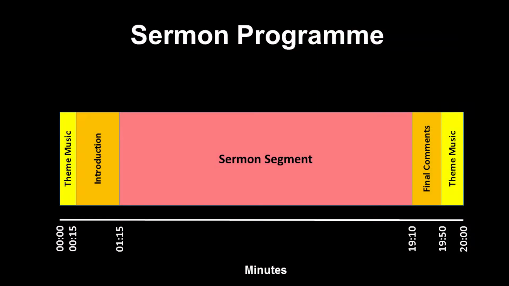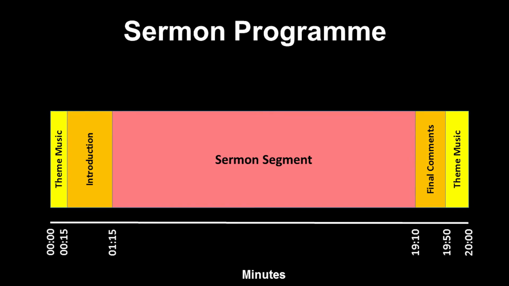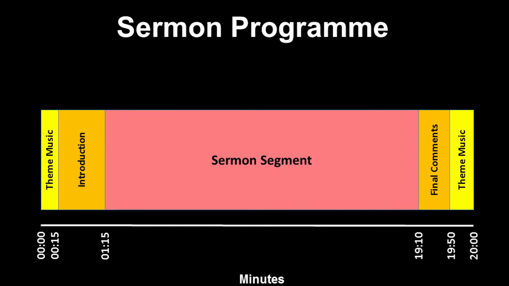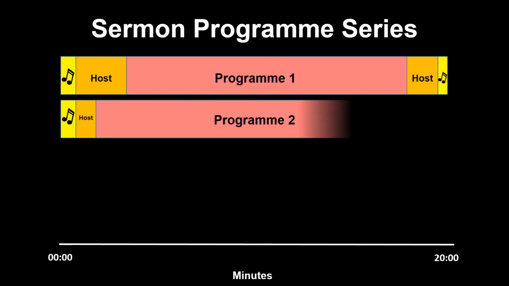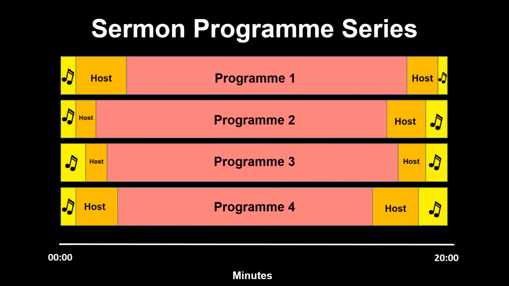Now, you don't want people tuning out before they get to the main point of the sermon, so if you add music and a program host, each episode should not go over 20 minutes. This fits within the average commute time and the average exercise duration. So this means that a sermon needs to be divided into multiple program episodes, and each episode needs to be the same duration.